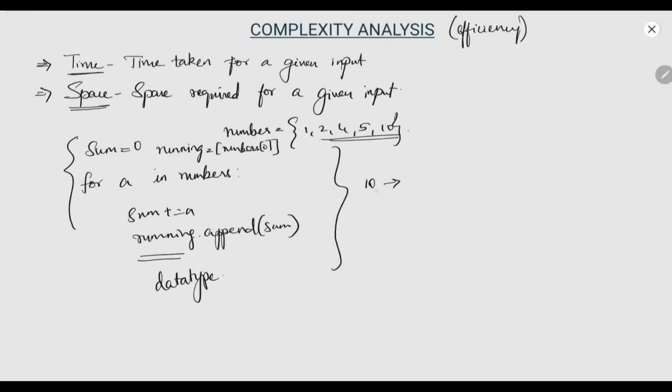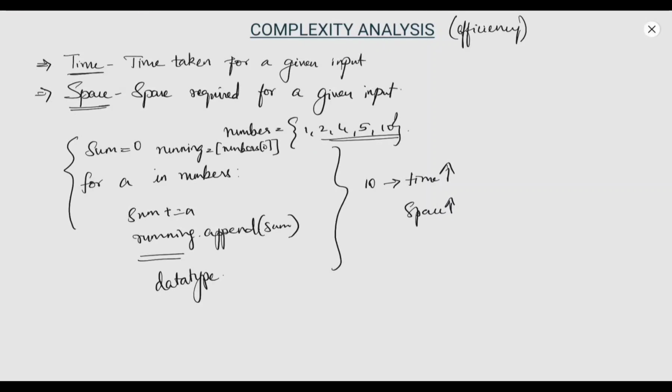So if the number of elements is 10, the time taken would increase. Similarly, even the space taken would increase because the length of the running sum list will increase based on the number of elements in your given list.